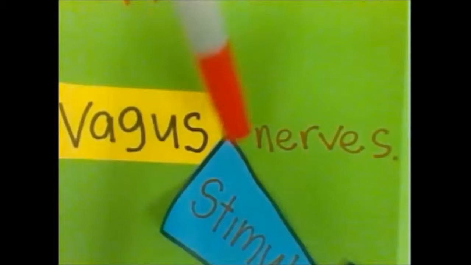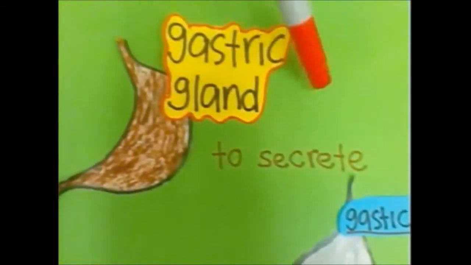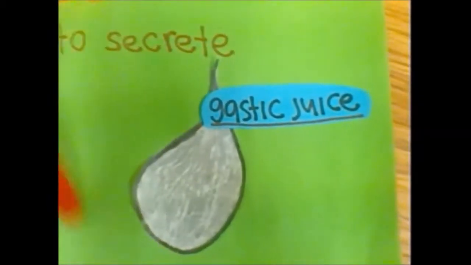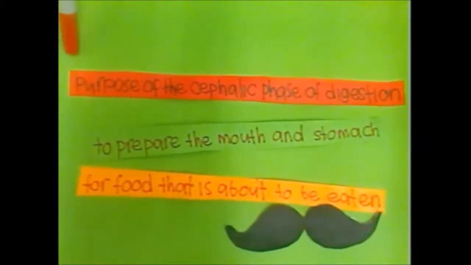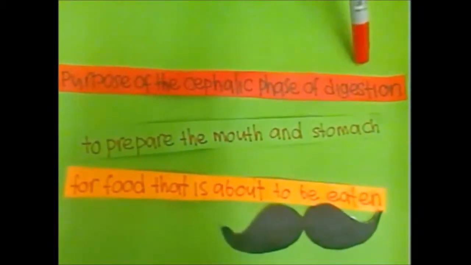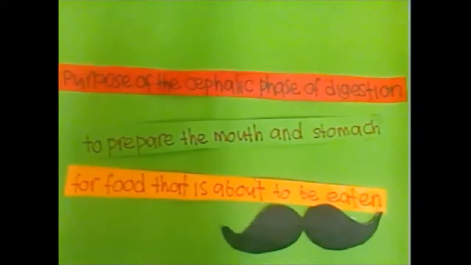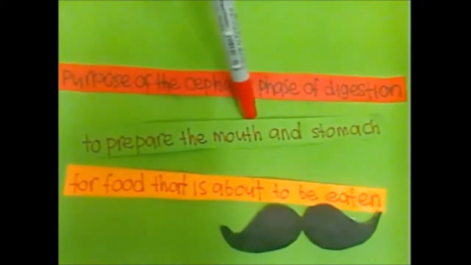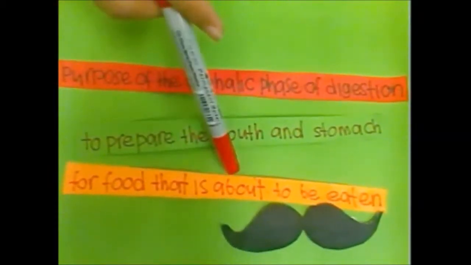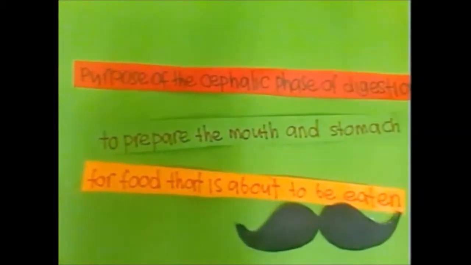The vagus nerve stimulates gastric glands to secrete gastric juice. The purpose of the cephalic phase of digestion is to prepare the mouth and stomach for food that is about to be eaten.